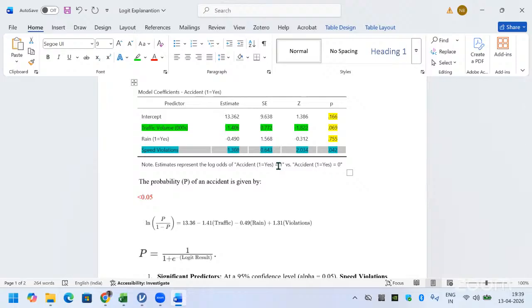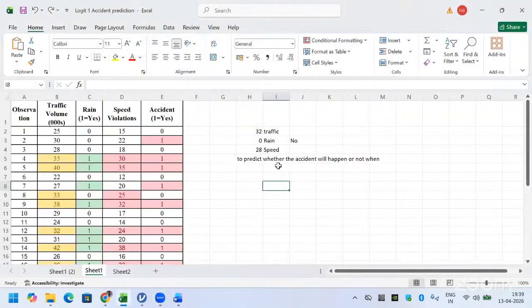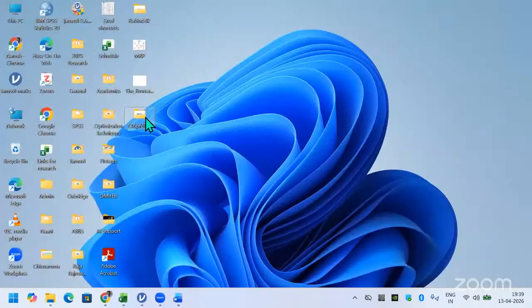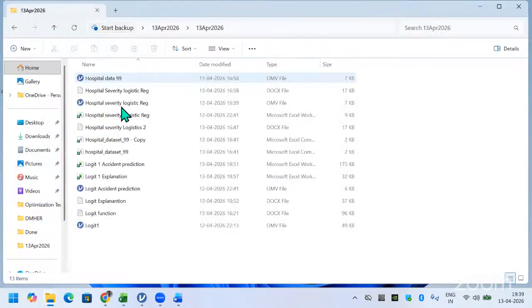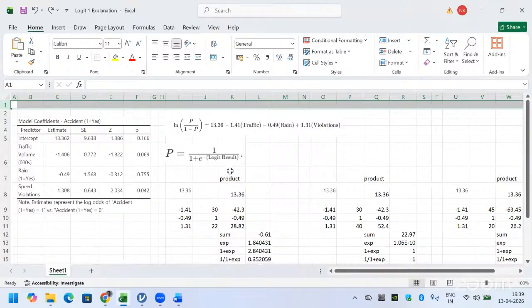Is that clear? Now let me take this particular value to my Excel output. I think I've got some Excel output here, and I'll take you to it. So this is the basic table which I've taken here.